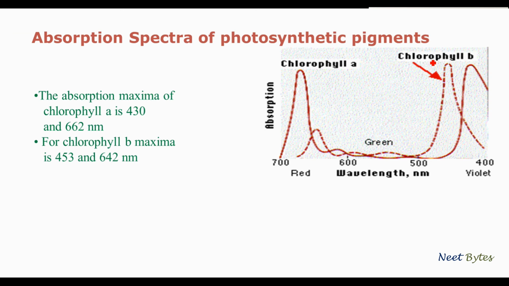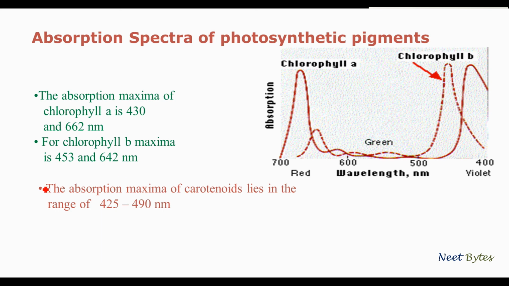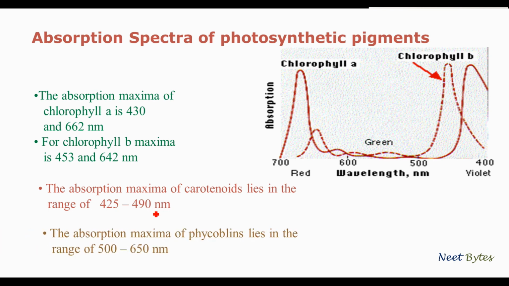Similarly, the absorption maxima of carotenoids lie in the range of 425 to 490. That is about the carotenoids. And the phycobilins lie in the range of 500 to 650 nanometer. So just see, below 450 and above 650 are chlorophyll A and B. In between 450 and 650, there are the carotene as well as the xanthophylls and the phycobilins, okay?